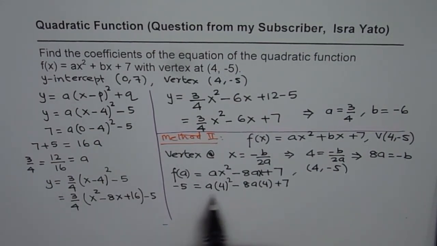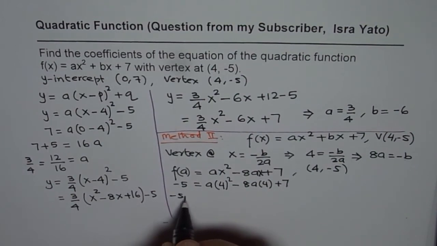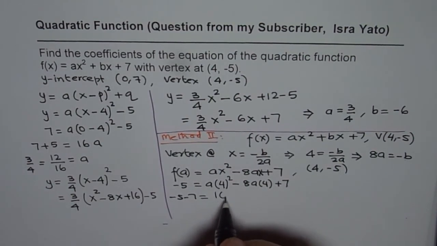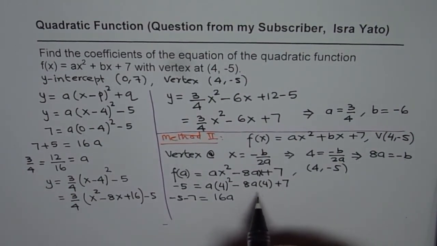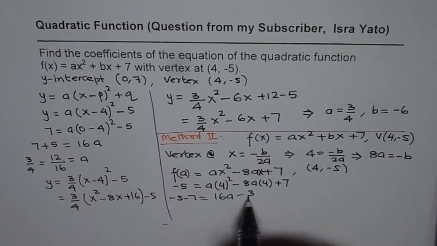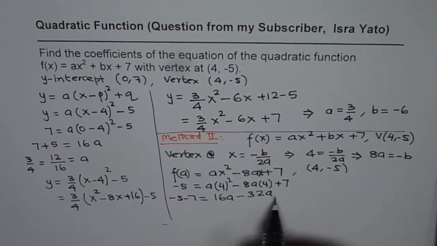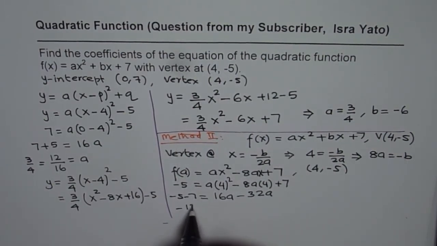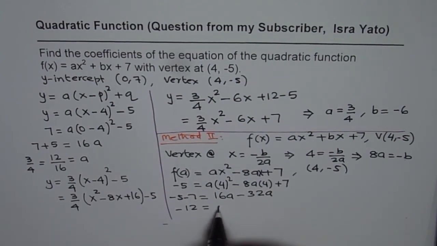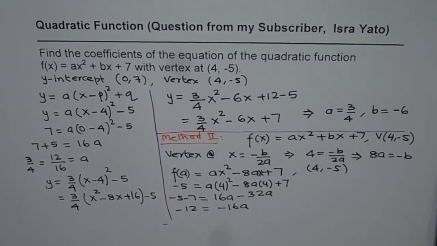I'll bring 7 to this side. So I've got minus 5 minus 7 equals 16a, and here we have 8 times 4, which is 32, so minus 32a. So this is minus 12 equals minus 16a.